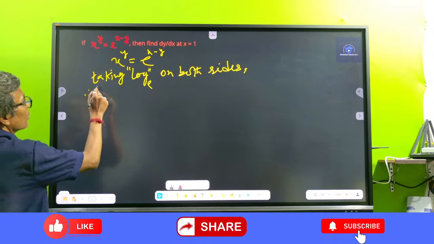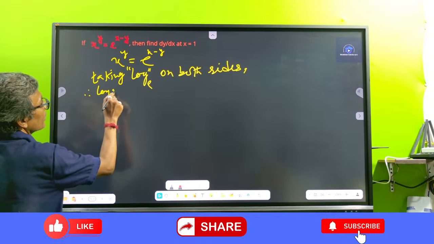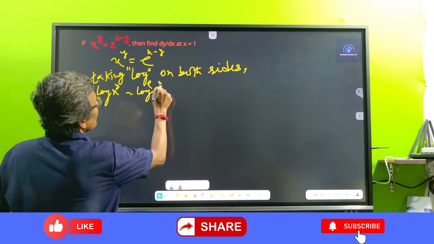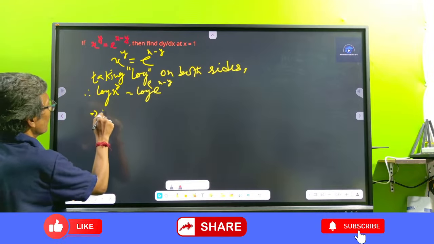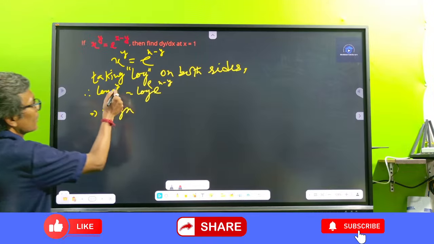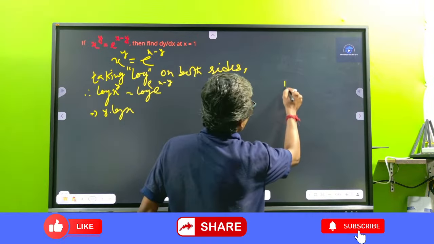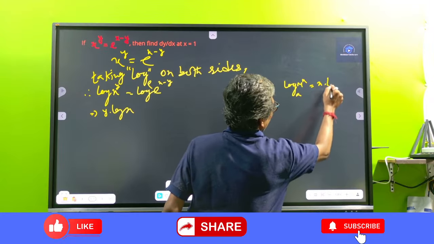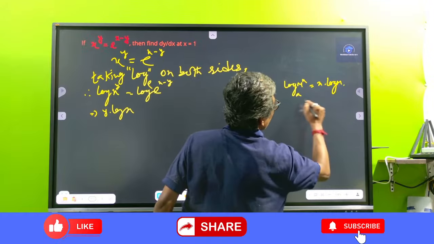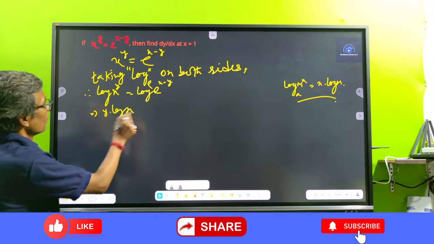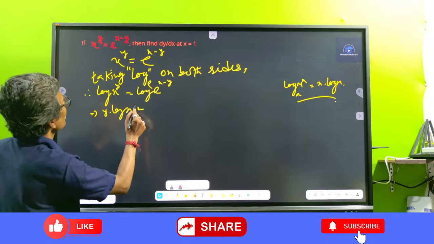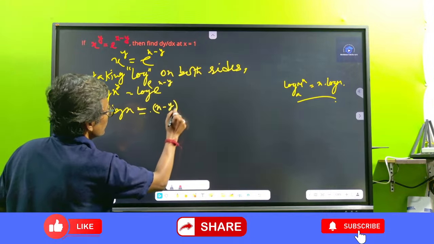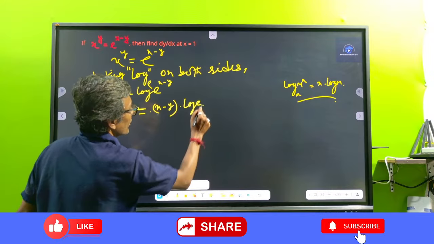So log of y to the power x is equal to log of x to the power x minus y. So x into log y is equal to, by the formula from logarithm, x minus y into log e.